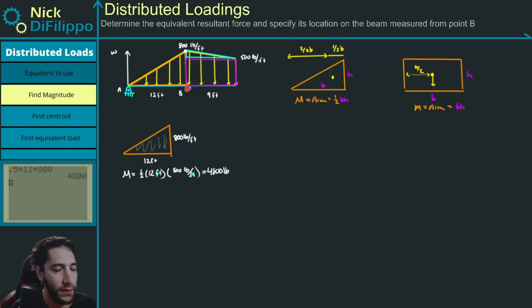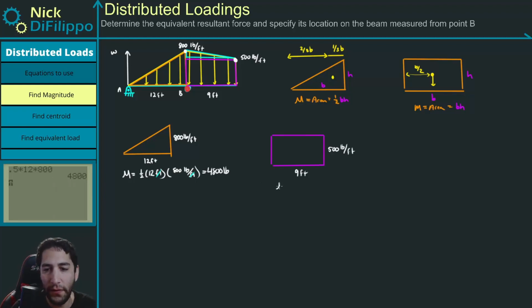Now let's look at this rectangle. If we draw in the dimensions that we have, this rectangle is going to have a width of 9 feet. It's going to have a height of this point right here, which is 500 pounds per foot.